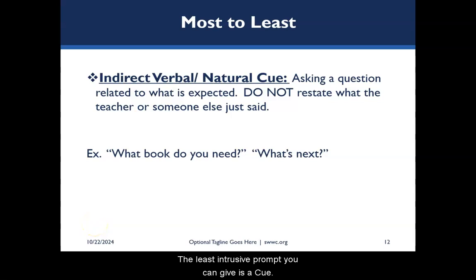The least intrusive prompt you can give is a cue. Here, you ask a question related to what is expected. Let's say a teacher instructs the class to get out their math books. If you are a paraprofessional or another teacher in the room, wait 10-15 seconds to see if the student you are supporting will comply.